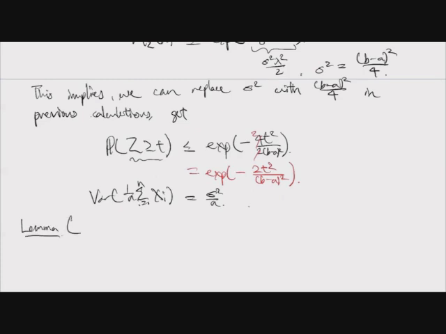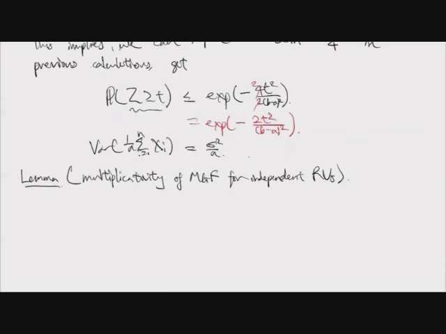This lemma says that the MGFs of independent random variables are multiplicative. Let x1, x2, ..., xn be independent random variables.